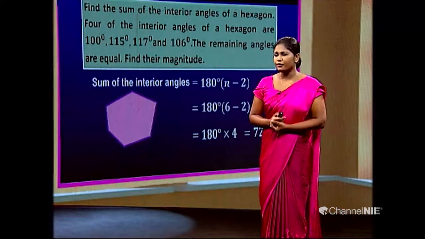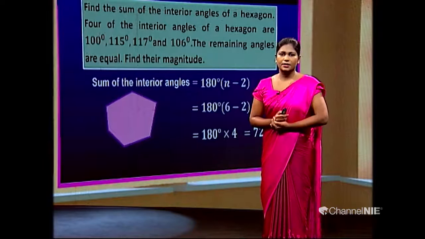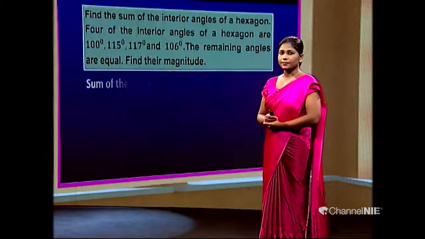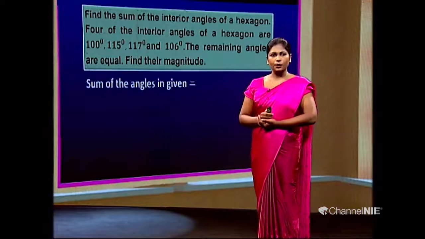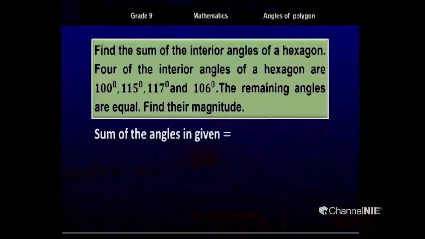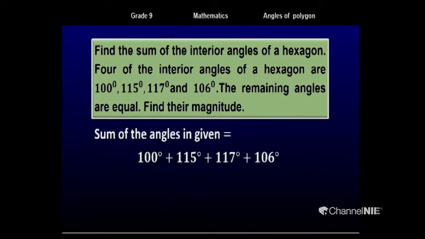Now we have to find the remaining angles of this hexagon. How to do that? Look at that. Now you know the sum of the angles is given. We have to find that. Okay children, now you can add. Hope you are ready. 100 plus 115 plus 117 plus 106.